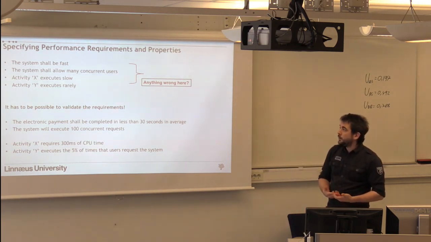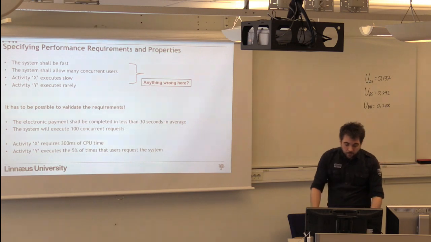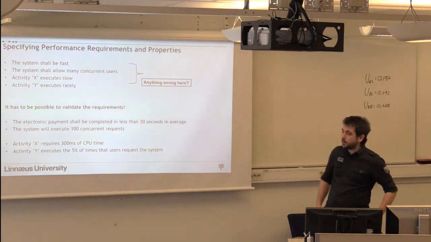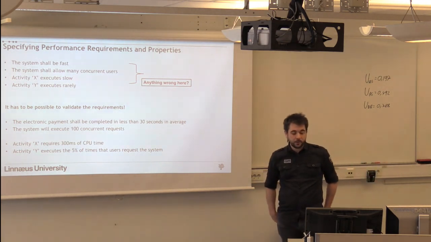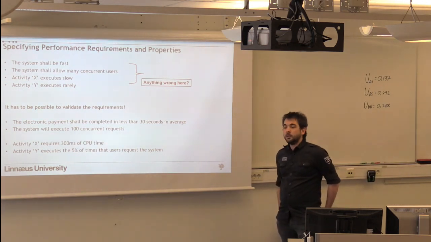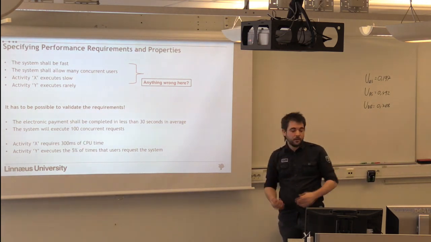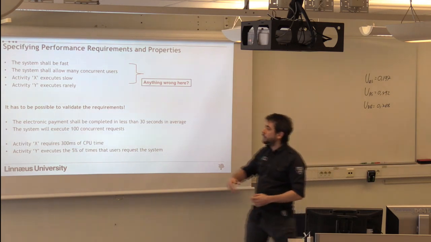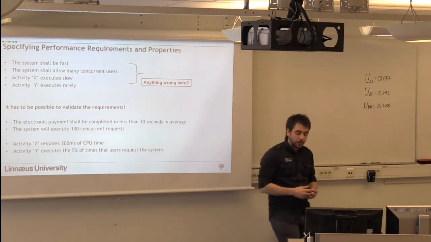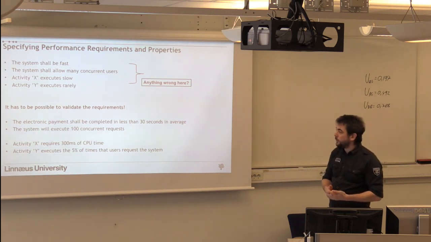Or instead of the system shall allow many concurrent users, we can accept that the system will execute 100 concurrent requests and then see if it saturates or if it still can answer in the expected response time.